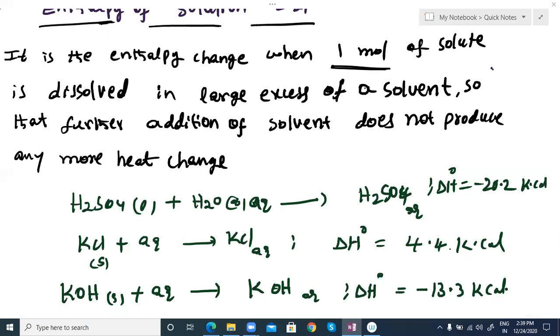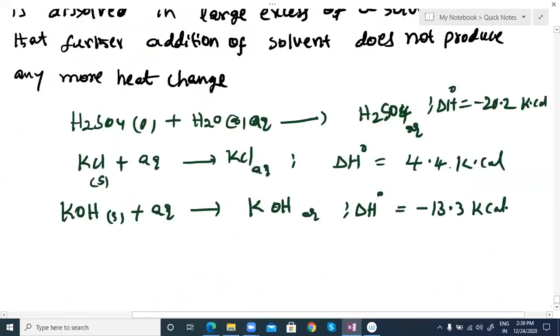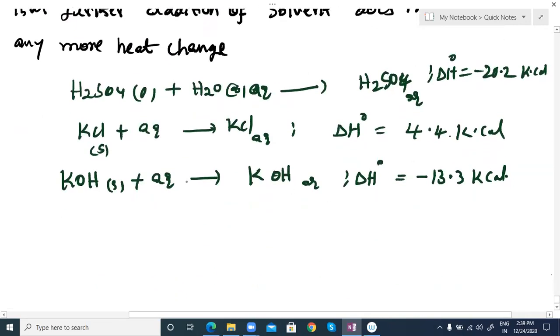Yeah, it is similar to making a solution only. So in this case, delta H solution, we make and write.